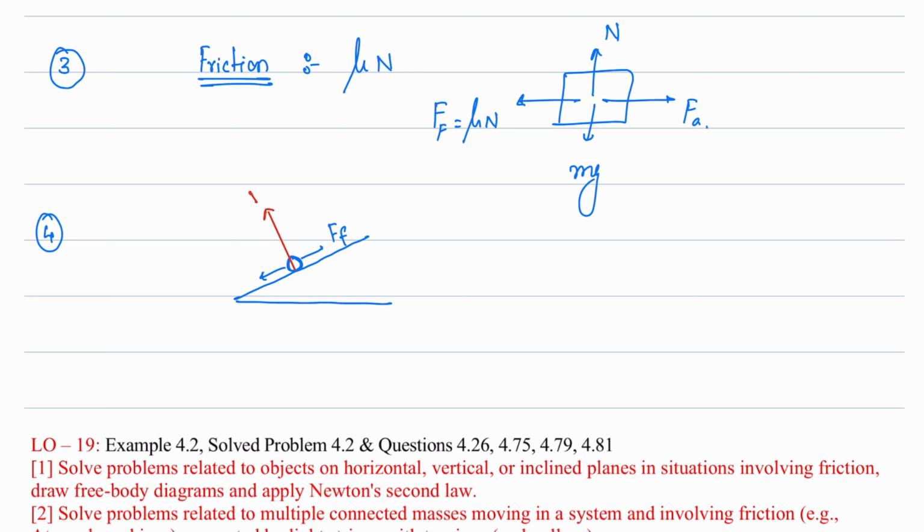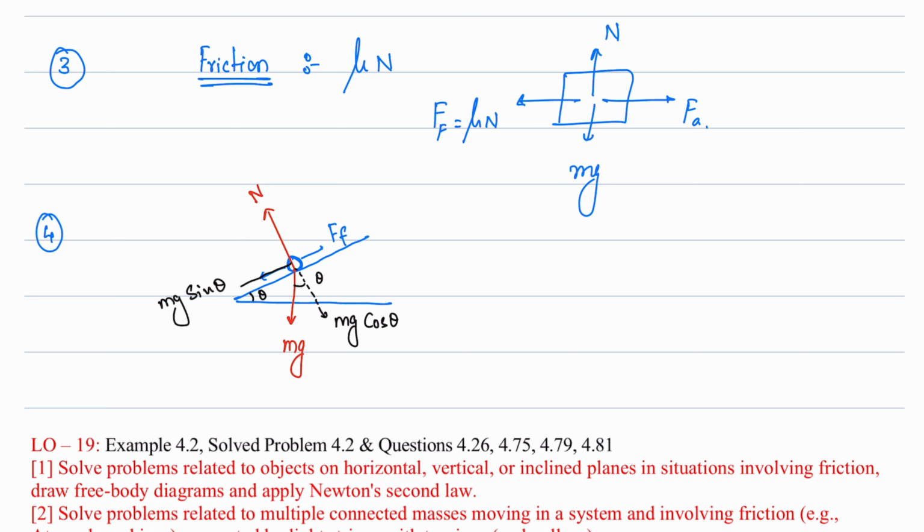Here is your N and here is your mg. You need to break this down into two parts. Here is angle theta. So it becomes mg cosine theta, and this axis gives you mg sine of theta. Do you understand?